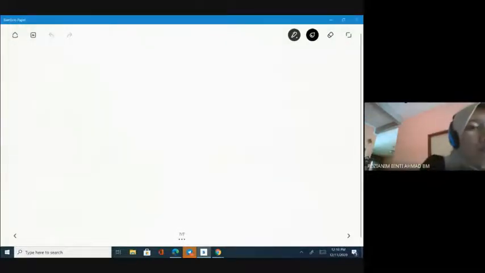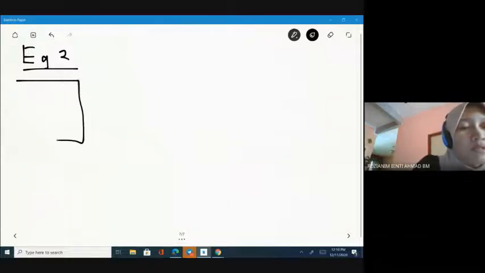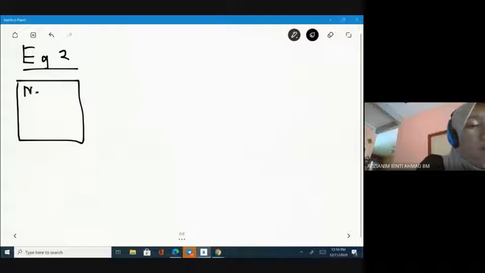Okay. So for example number 2, we have a mixture of three gases, which is neon. Neon, the mole given is 4.53 mole, and next we have argon.